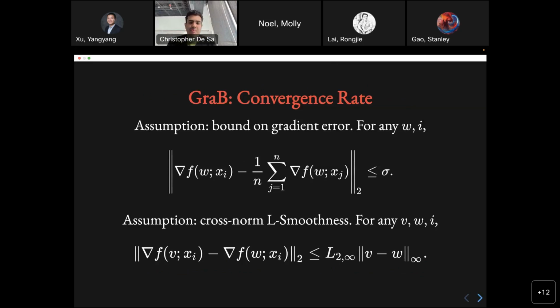And we assume that we have this special cross norm L smoothness, which is that the difference between two gradient values in the L2 norm is less than some constant L sub 2 comma infinity times the difference between their weights in the L infinity norm. This, it turns out, holds for a lot of problems where the examples are sparse or where the gradients are low rank under standard conditions, but even in the worst cases, it's only loose by some factor that depends on the problem size.